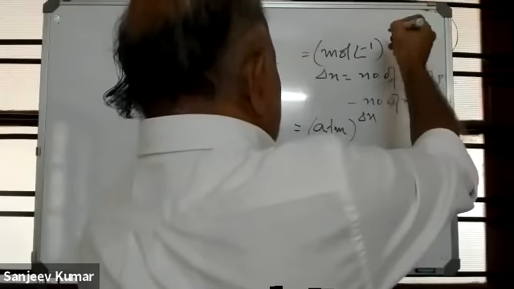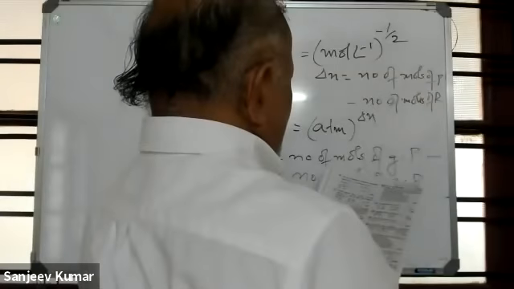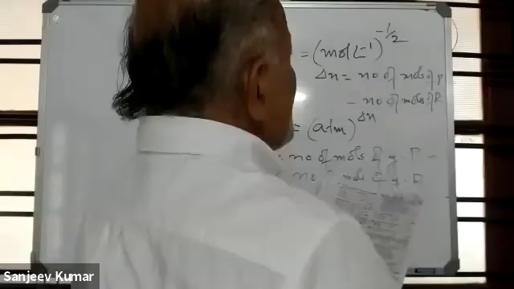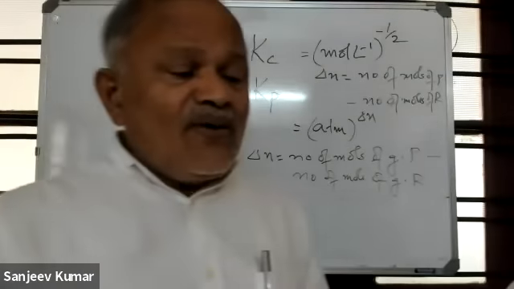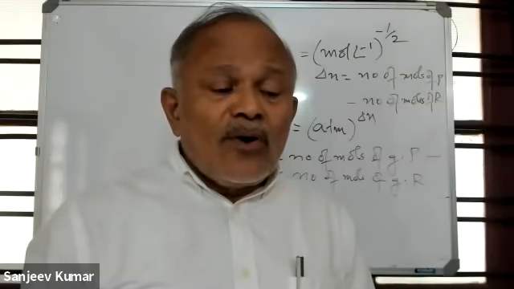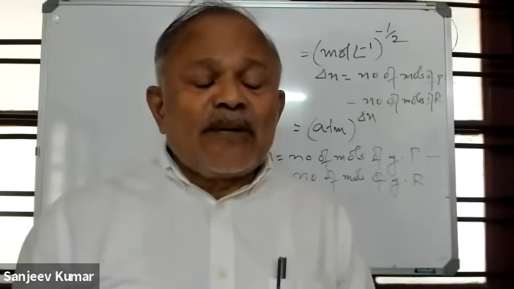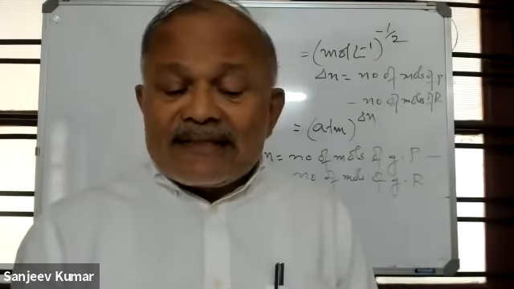Mole per liter raised to minus half means mole raised to minus half, liter raised to half. That is the unit for SO2 plus half O2 give SO3. The choice is D.